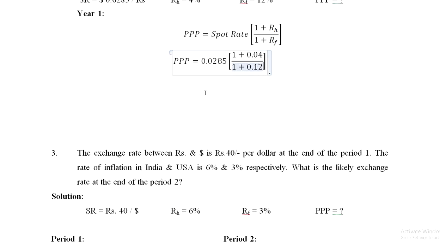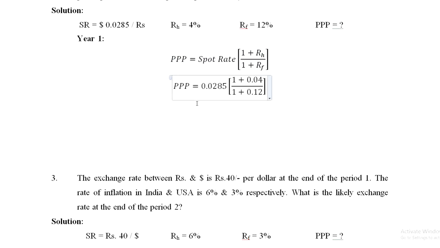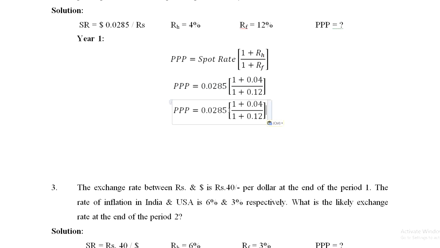So you have to solve this problem very carefully. First, 1 plus 0.04 is 1.04. 1 plus 0.12 is 1.12. Now we have to solve this.